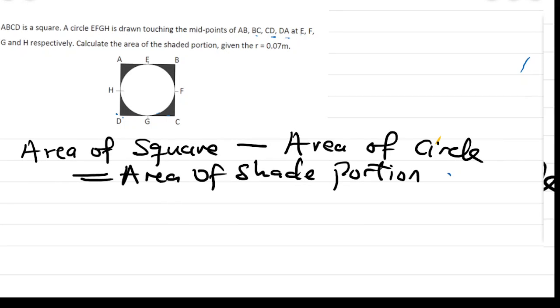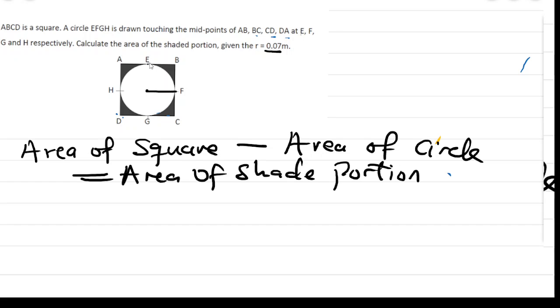We are given that the radius of this circle is 0.07 meters. The radius is the distance from here up to this point.